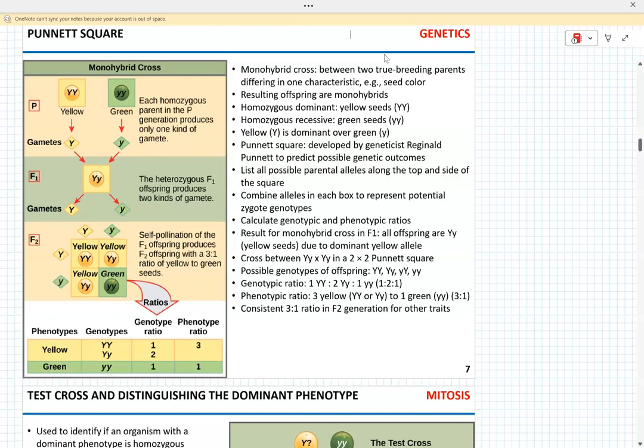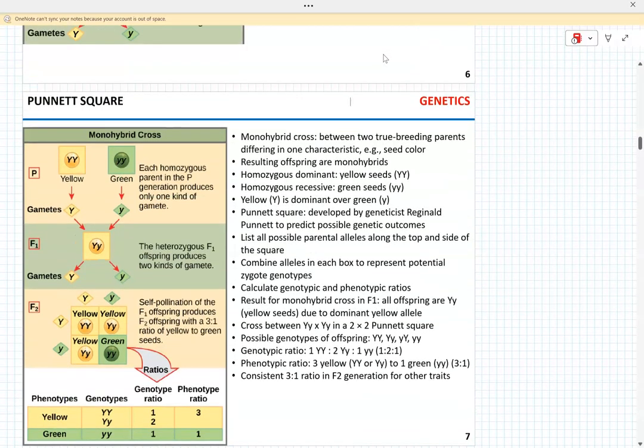To figure out what genotype and phenotype the hybrids are going to have, we can use an approach known as a Punnett square. So let's define some concepts here. First of all, the concept of monohybrid cross. A monohybrid cross is the cross between two true breeding parents that differ in only one characteristic. For instance, here it's the seed color.